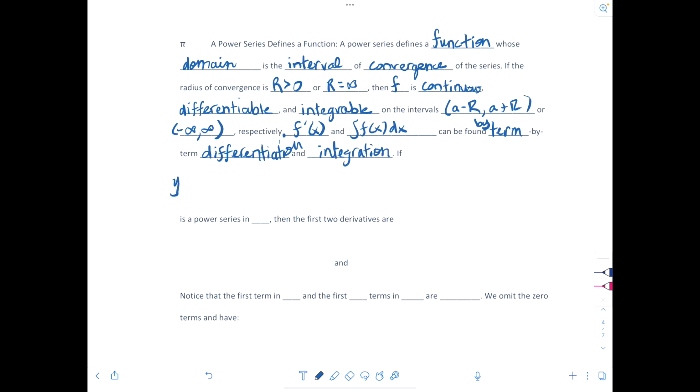If y equals the summation from n equals 0 to infinity of c sub n times x to the n, that would be c0 times x to the 0, which is 1, plus c1 times x to the 1 plus c2 times x squared plus c3 times x cubed plus ... This is a power series in x, all right?